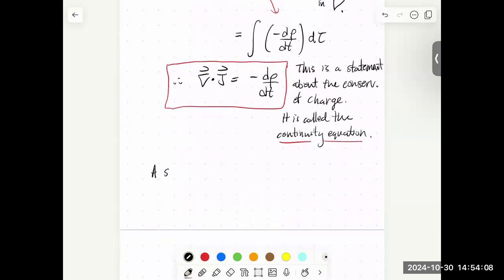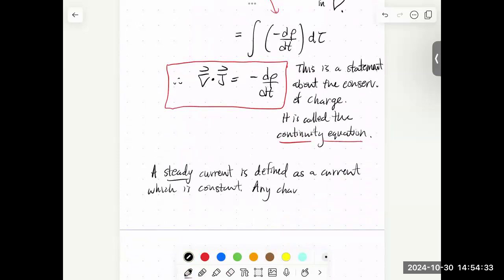So a steady current is defined as a current which is constant.